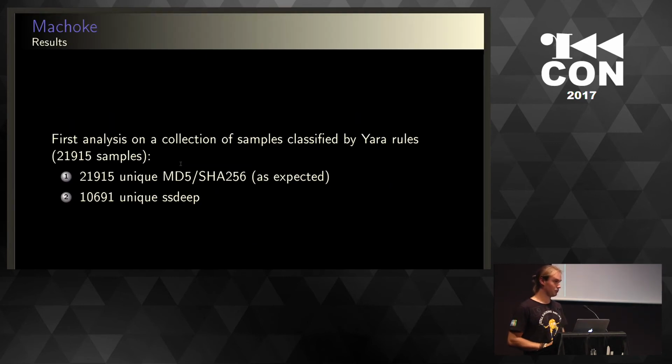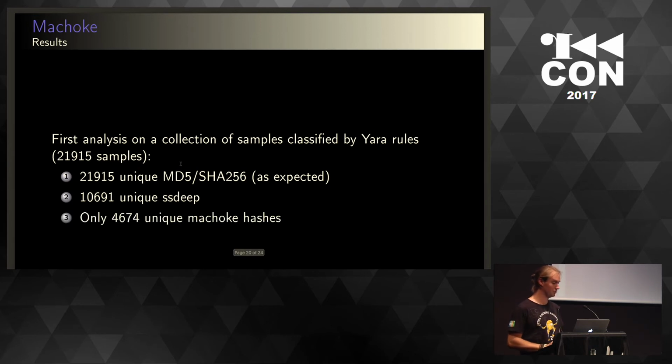We did the same with SSDeep to have a kind of reference, and we found half that, 10,000 basically. And when we did it with our algorithm, Machoke, it was less than 5,000. So it was quite promising as a way to classify malware. We can see that at least 15,000 malware samples are related to another one.